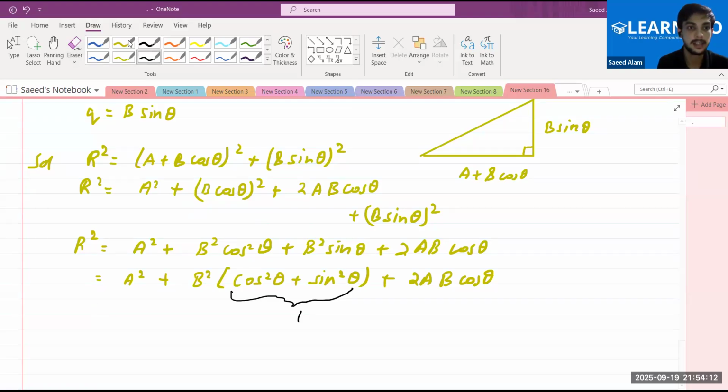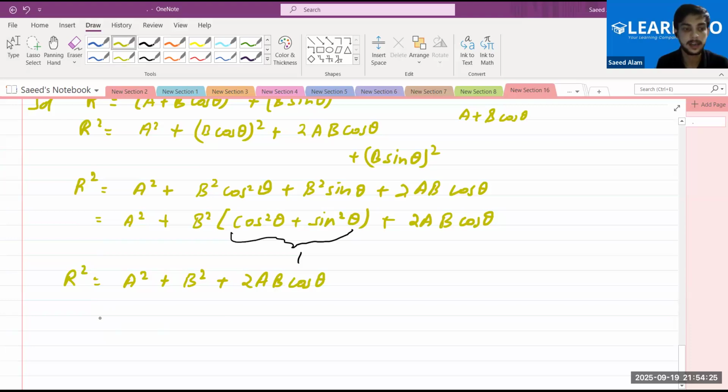And if this is 1, what will I get here? That is a square plus b square plus 2ab cos theta. Yes or no? Yes. And r will be equal to under root of a square plus b square plus 2ab cos theta.